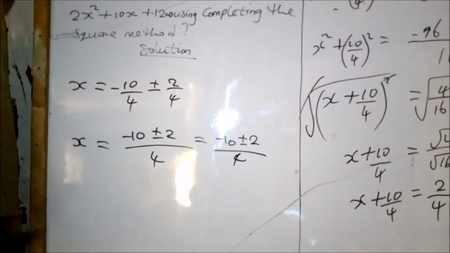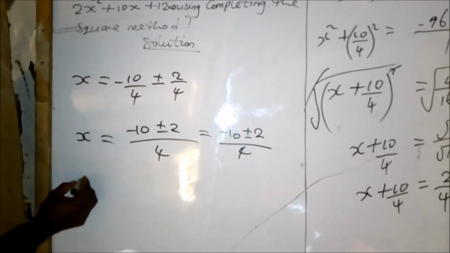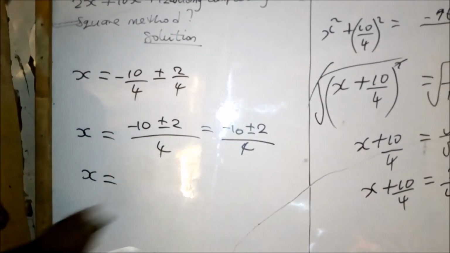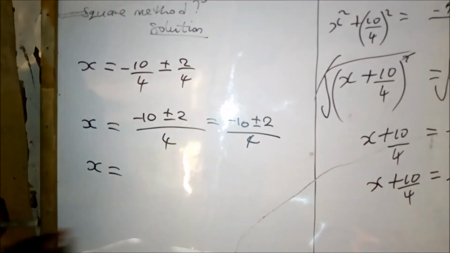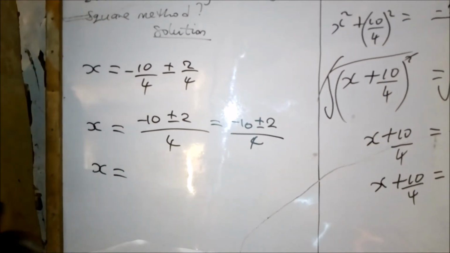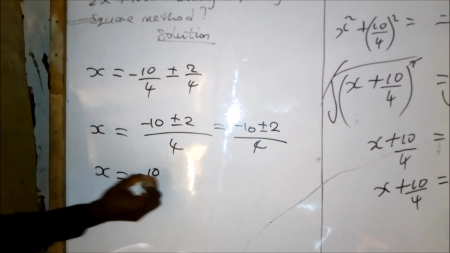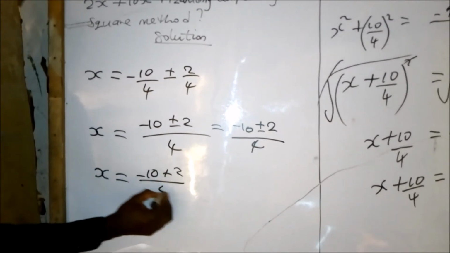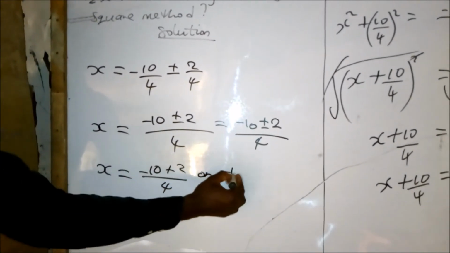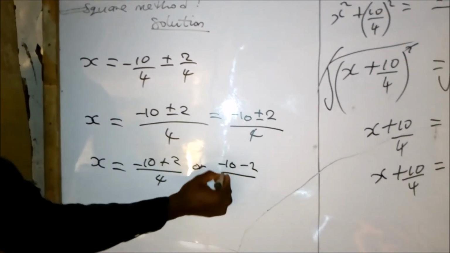Now, from this step, we have to make this to appear in two places. First of all, we use plus. In the second case, we use minus, so as to get the two values of x. So in the first instance, we use negative 10 plus 2 all over 4, or negative 10 minus 2 all over 4.